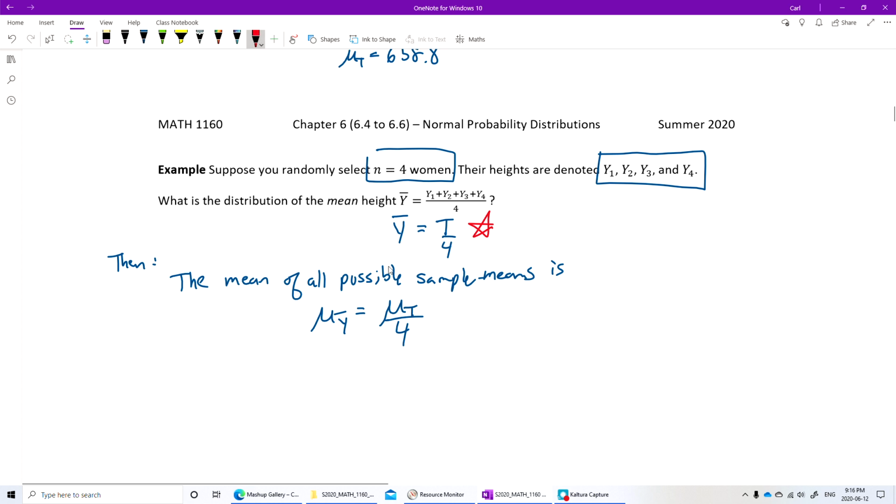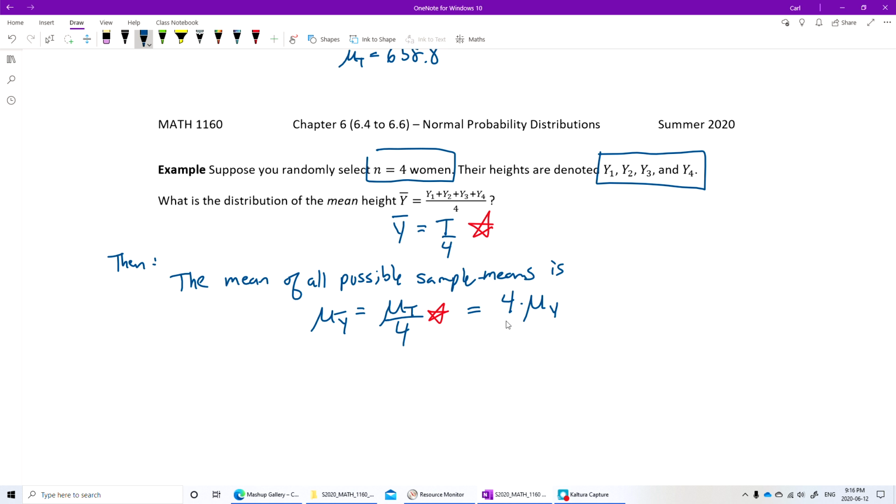Well, what do we know about that? What is mu t? We knew that mu t was 4 times mu y, right? It was the mean of the total of all the women was just 4 times the average woman, mu y.